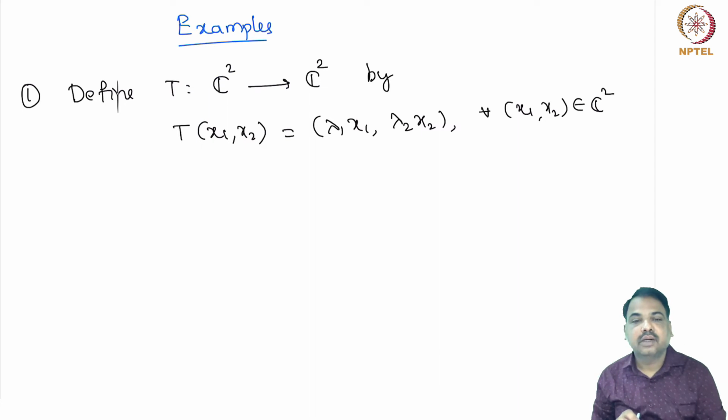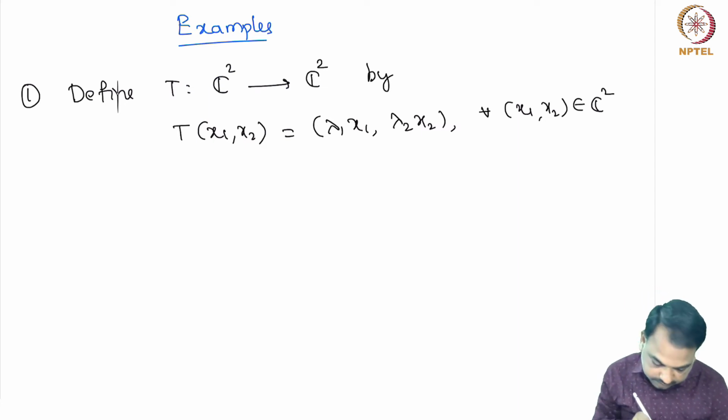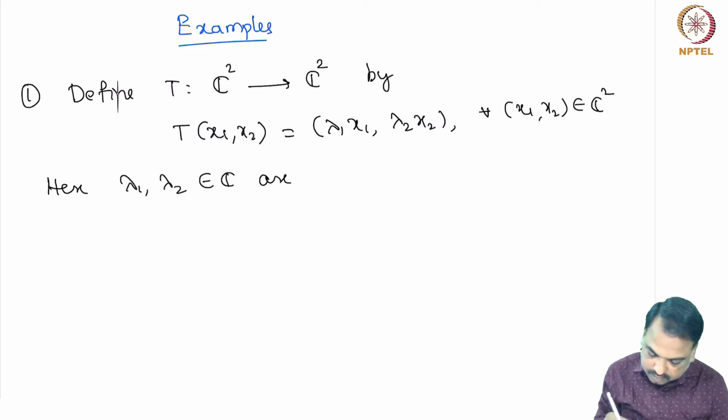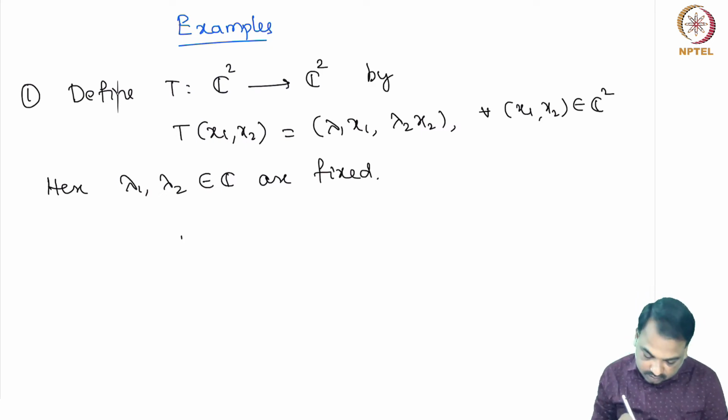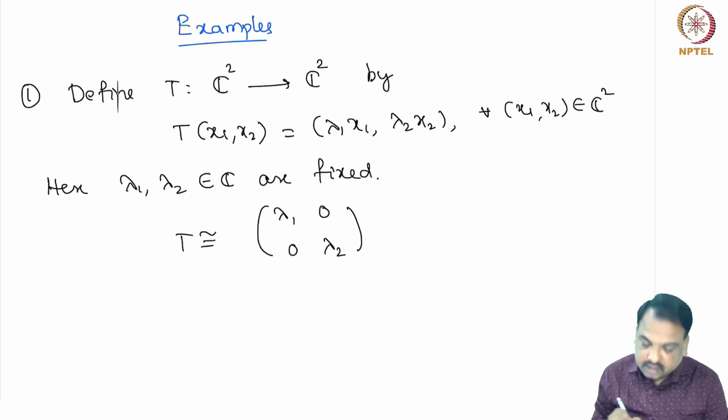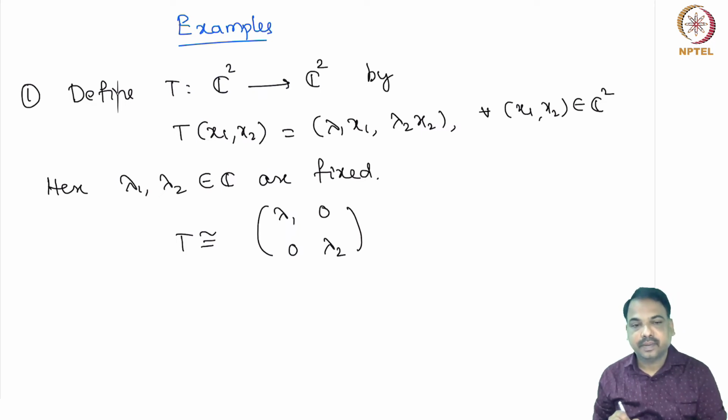Here lambda 1 and lambda 2 are fixed complex numbers. In other words, with the standard orthonormal basis of C2, the matrix of T is given by the diagonal matrix with diagonal entries lambda 1 and lambda 2.